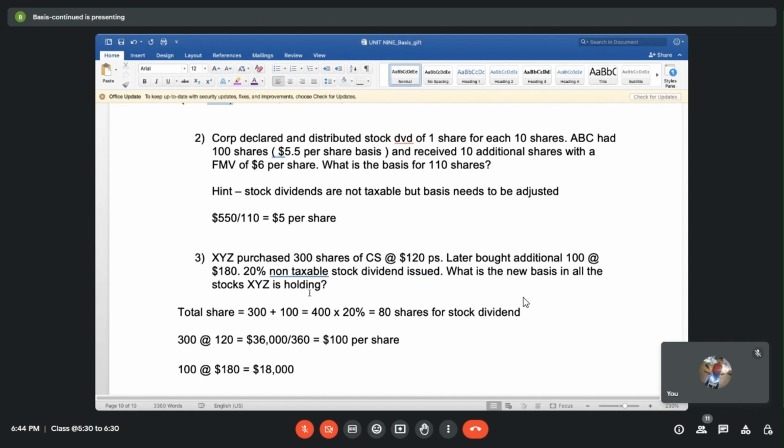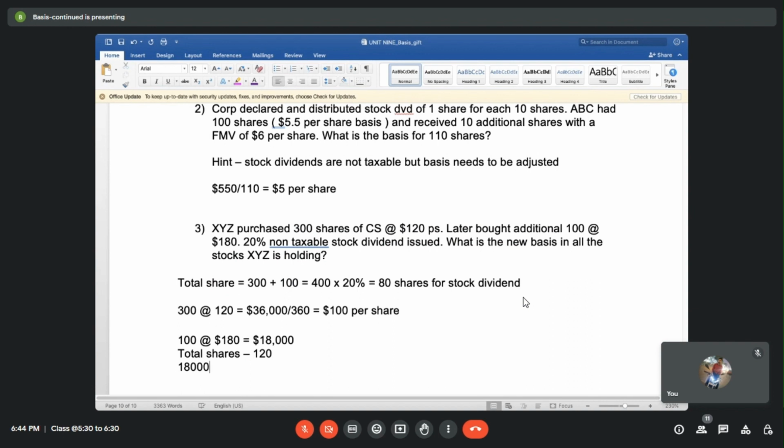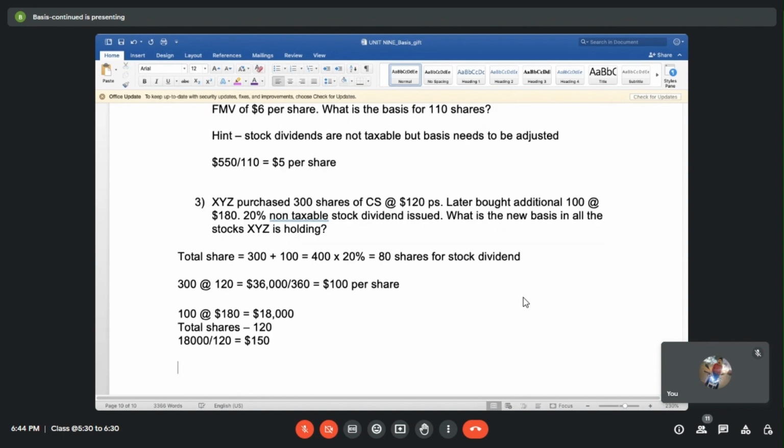The total shares after the stock dividend became 120. So if we take 18,000 still as the basis, divided by 120, how much does that come to? 150. So our answer is that 360 shares should have a basis of 100 per share. So it will still be 36,000. We are not changing the aggregate basis.